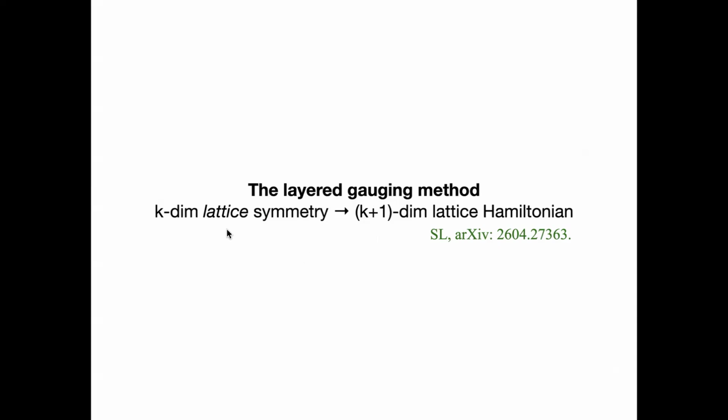This is called the layered gauging method, and it is purely based on lattice symmetry. It doesn't require any categorical description of the symmetry, and therefore it is somewhat more versatile. For example, it can be applied to the case of subsystem symmetry and can produce fractal topological orders.